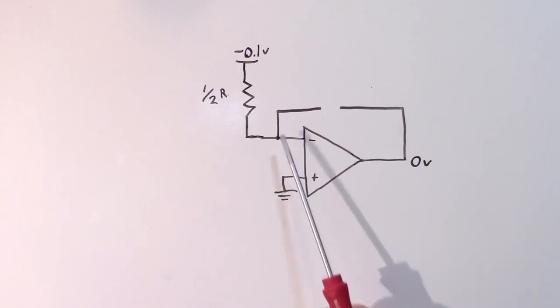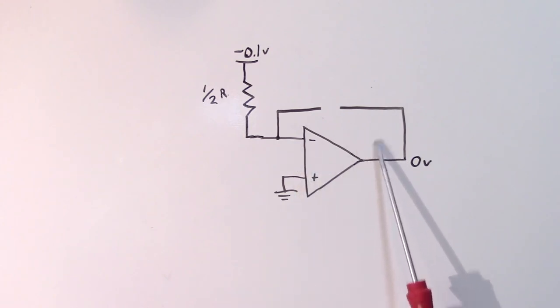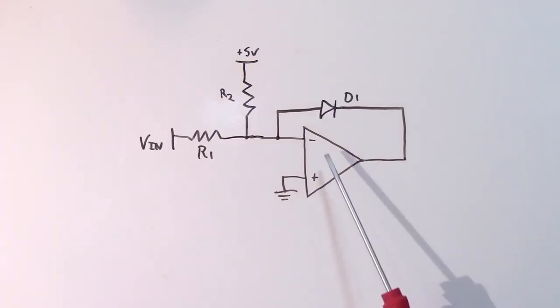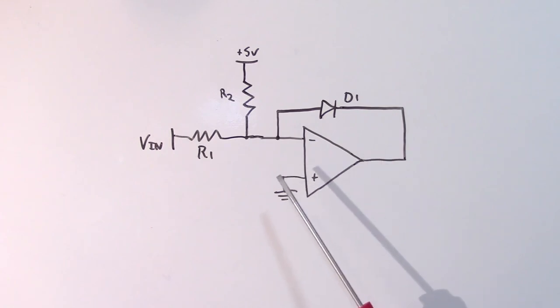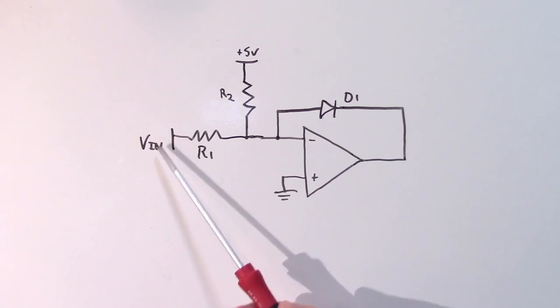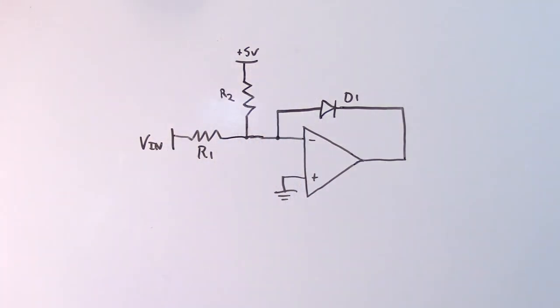It still sees a negative voltage here on its inverting input, and it's just going to keep driving its output until it hits the positive voltage rail. So for a rail-to-rail op-amp with a positive voltage rail of plus 5 volts, you would see a 5 volt output here on the op-amp. So what we have here is an inverting comparator where the trip voltage is defined by the Thevenin equivalent of these two voltage sources and these two resistors.